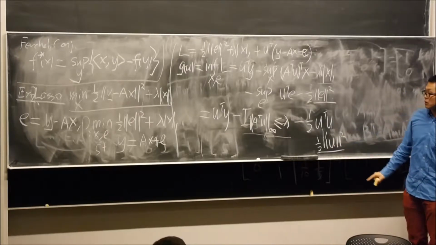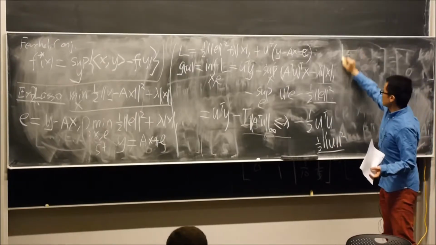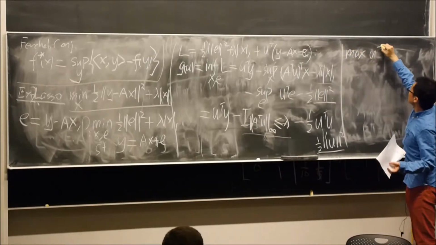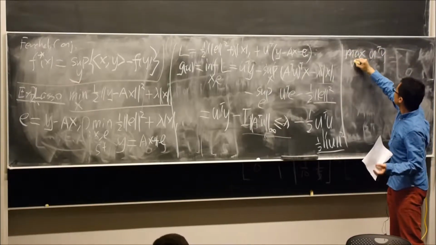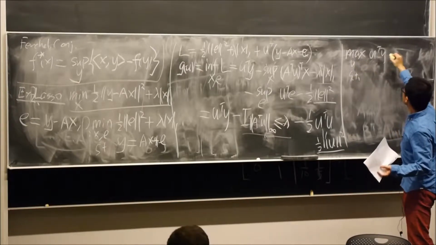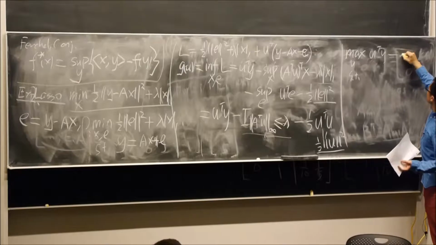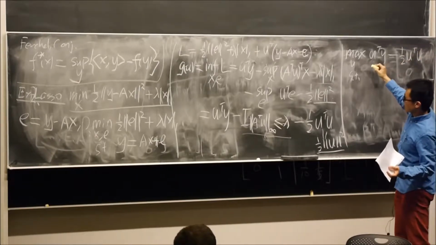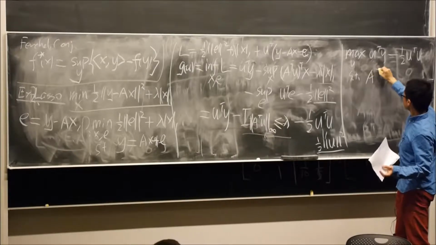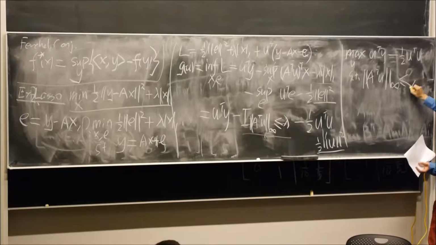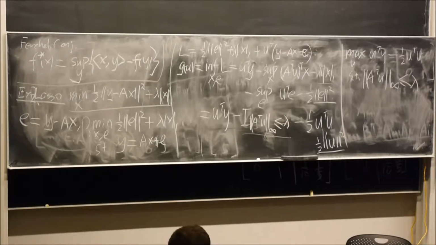These two are the same. So now we can write the dual optimization, which is very simple. This is the dual of lasso: maximize this, minus, subject to the infinity norm of A transpose u being smaller than lambda.